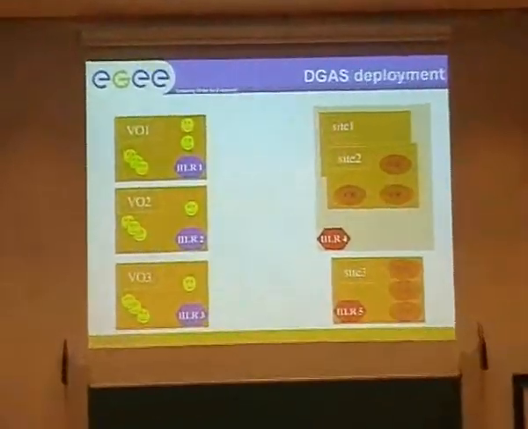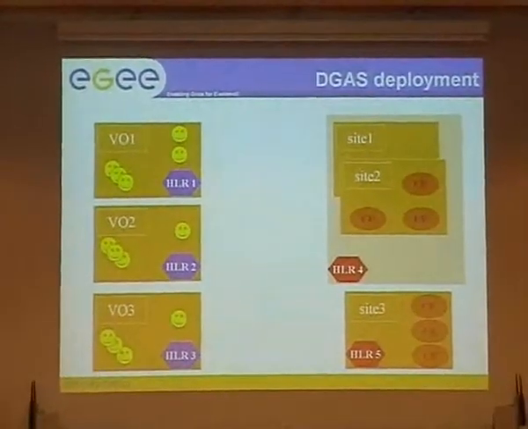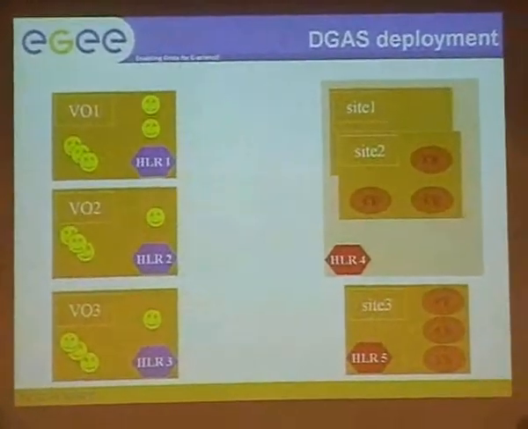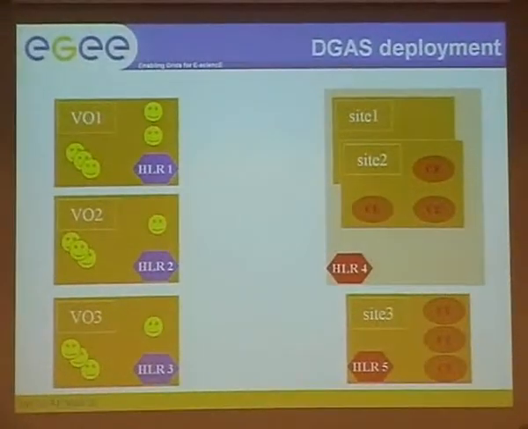For example, here we see a deployment schema of the DGAS software. The DGAS accounting servers are known as HLR, Home Location Register, and as you can see, in this example, we have 3 virtual organizations with their users. In each virtual organization, there is a home location register server where the usage record for the user job will be archived.